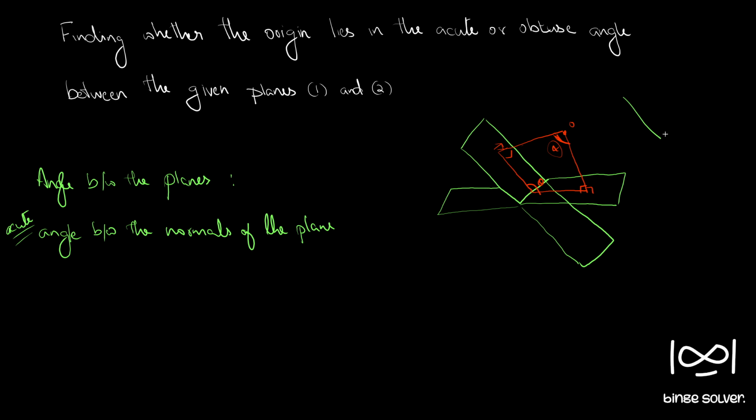Suppose there are two planes like this, and I am going to draw a 2D version, and we draw perpendiculars like this and get two normals. Here it looks like exactly 45 degrees, so I'll show you a different example. Suppose we have planes like this.